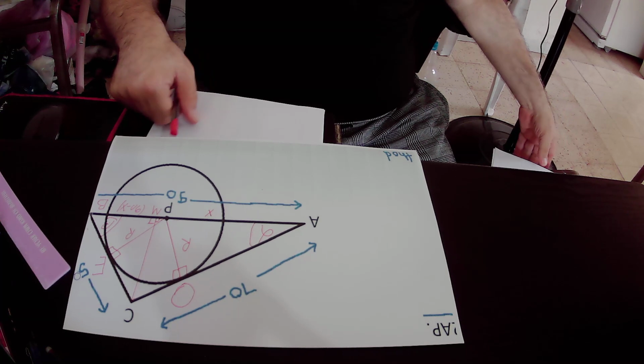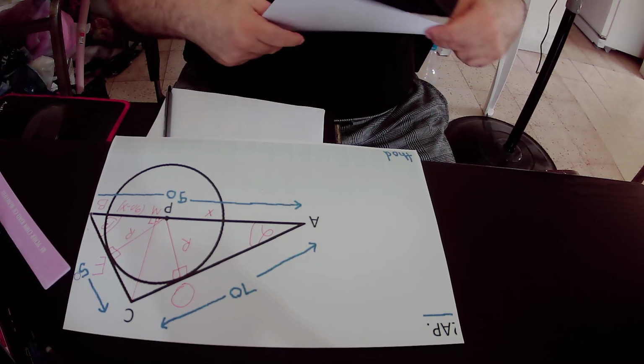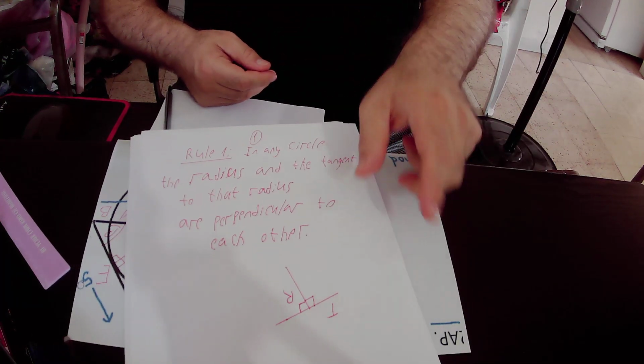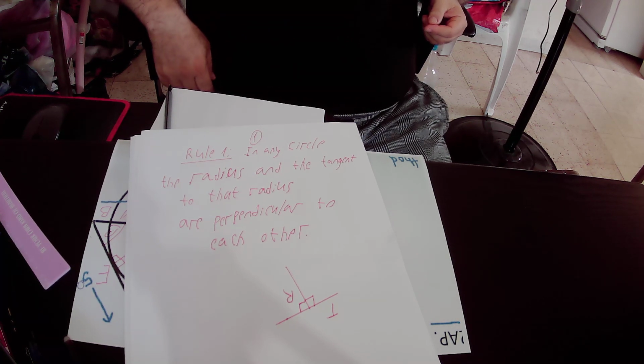And we have a rule that states that in any circle, the radius and the tangent to that radius are perpendicular to each other.